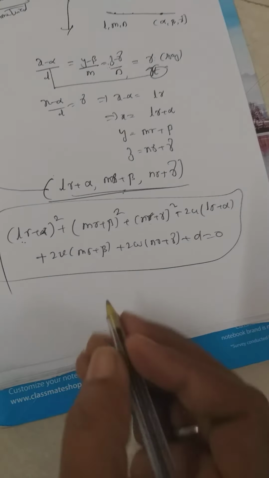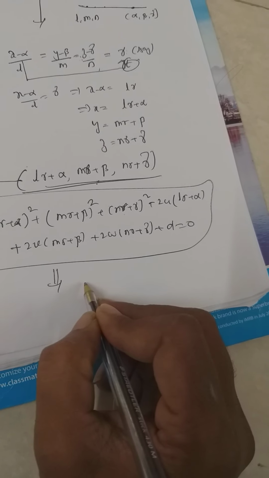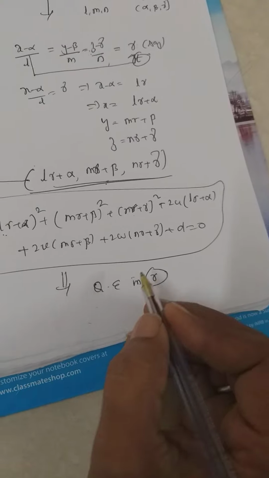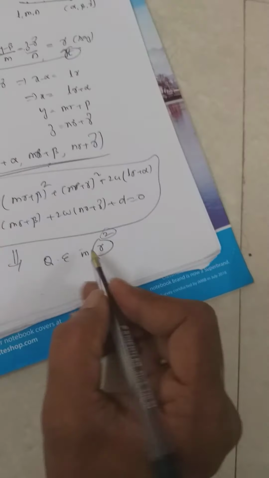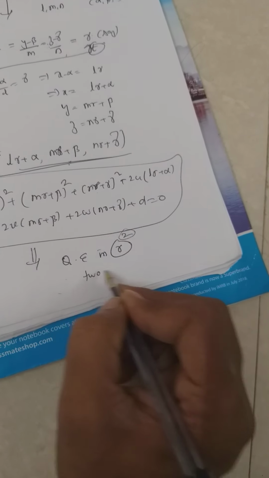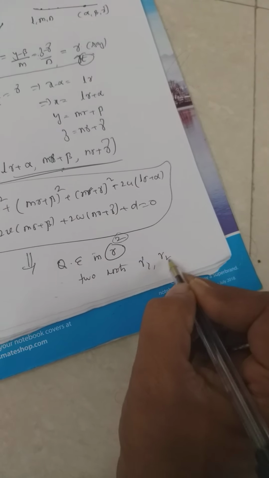Here also (a plus b) whole square formula. After simplification, you will get a quadratic equation in R. Quadratic equation means whose degree is equal to 2. Every quadratic equation has two roots. Let the roots be, say, R1 and R2.